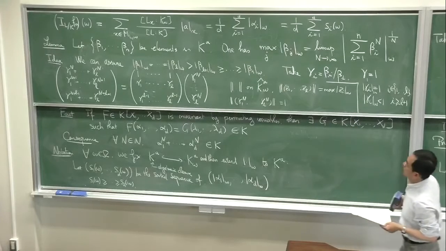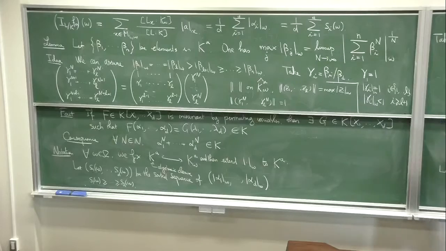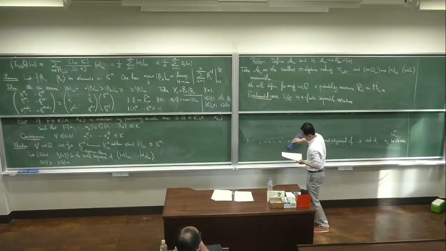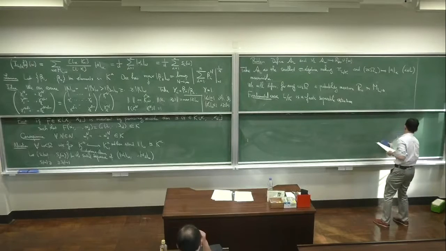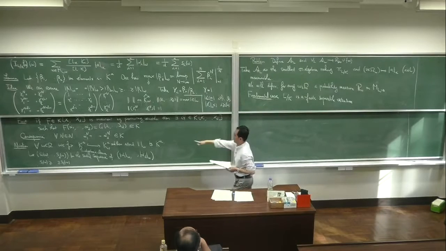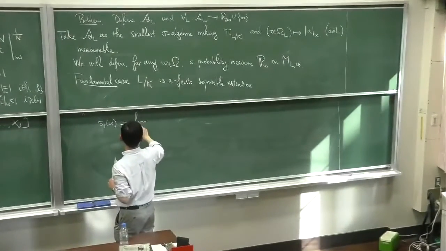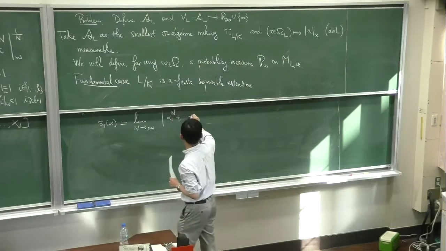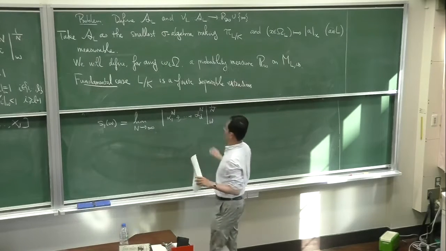Okay, so what is the consequence of this idea? Let me explain. It will permit us to write your function S_1 as follows. S_1(omega) is just the limsup as n goes to infinity of (|alpha_1^n + ... + alpha_d^n|(omega))^{1/n}.